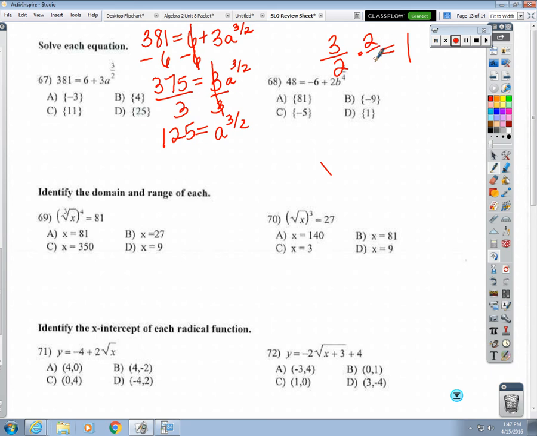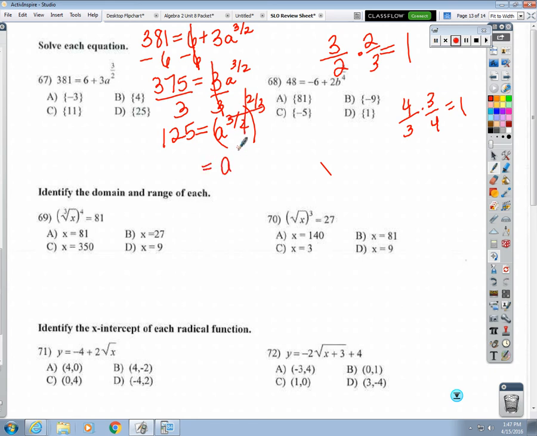The reciprocal of anything will equal 1. Like 4 over 3 times 3 over 4 equals 1. So anytime you're trying to cancel out a number, just multiply it by its reciprocal. Well, to multiply this by its reciprocal, don't you have to raise it to the reciprocal? Because the power times the power is when you multiply. So if we raise this one to the 2/3, it will cancel it out for us, leaving a by itself.